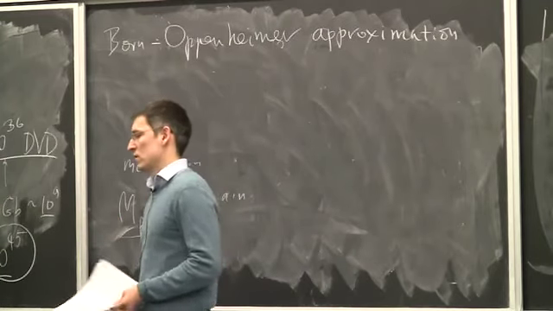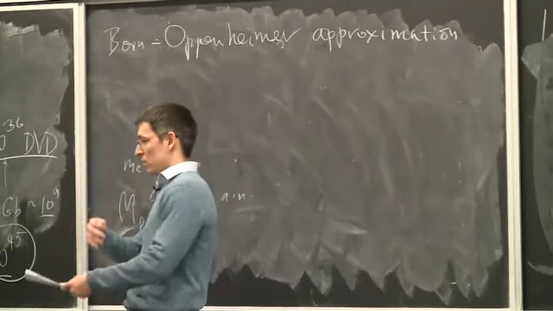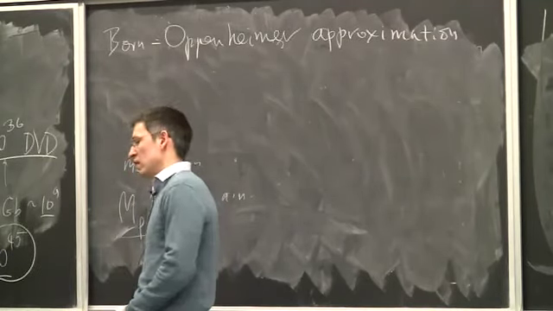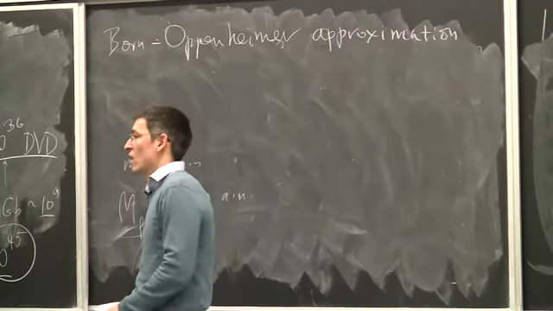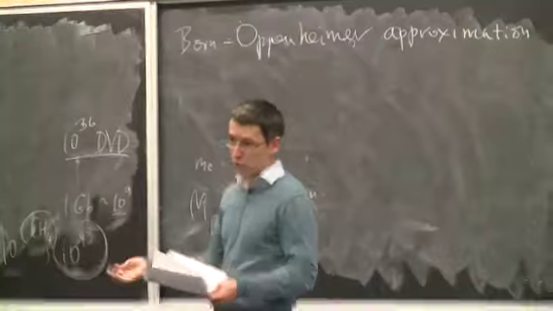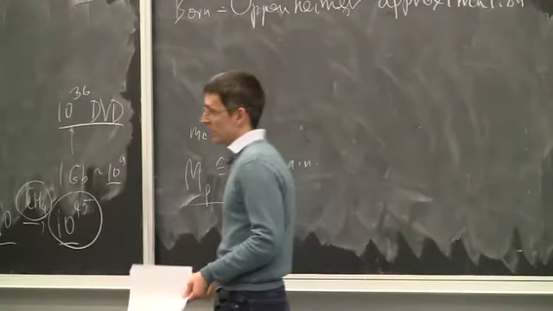So the situation is like, if you can imagine a cow on the summer lawn, and lots of flies around the cow, right? The cow is the slow subsystem that corresponds to nuclei, and the flies are the fast subsystem that corresponds to electrons.